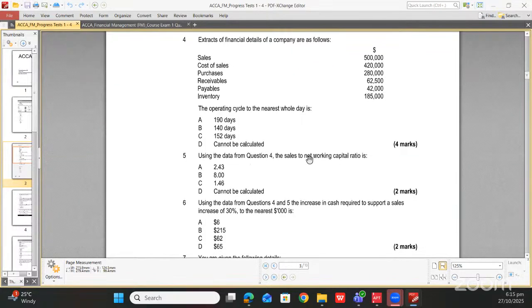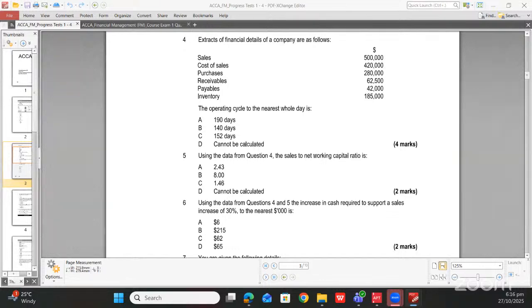And then in question 5, it says using the data from question 4, the sales to net working capital ratio is. For that one, basically you're expected to put sales over the net working capital in dollars. The sales that you have would be 500,000. That is given.